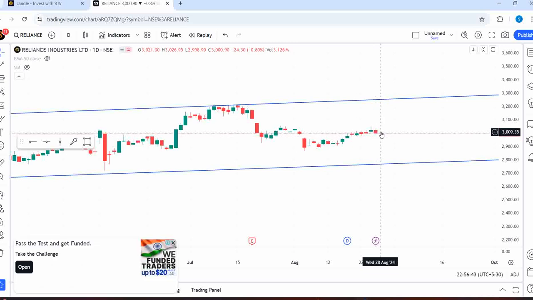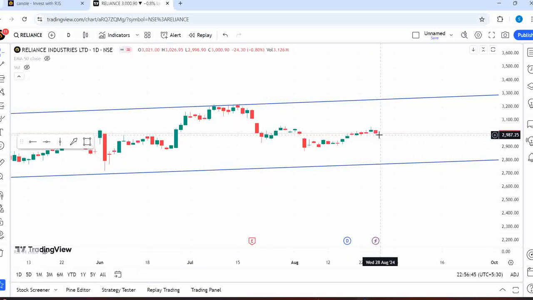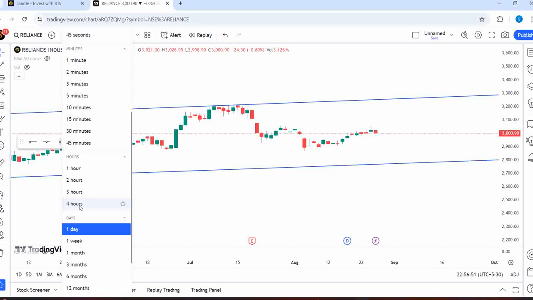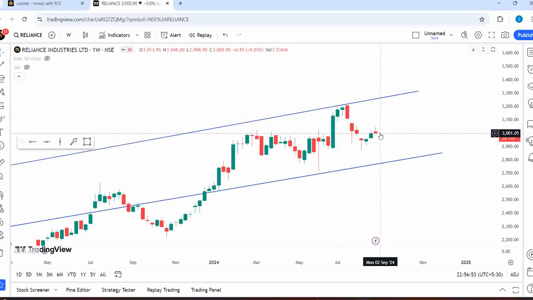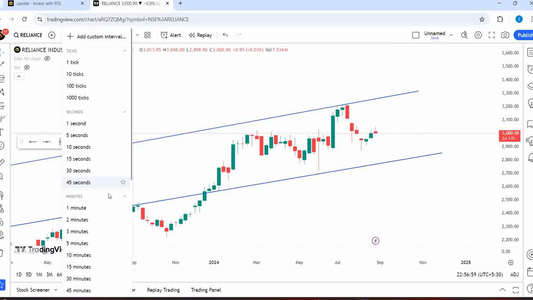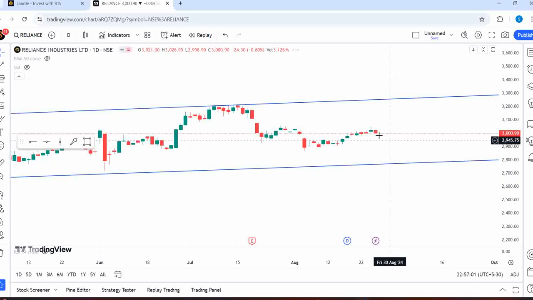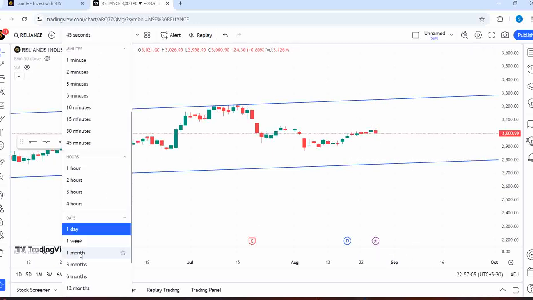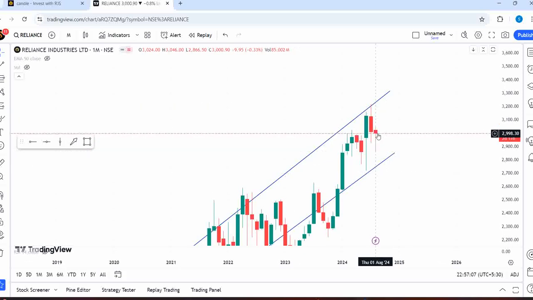Today Reliance is in red, that means it has come down. If it goes to weekly, one candle shows the whole week's performance. Same way on the monthly, one candle shows 1 month performance.